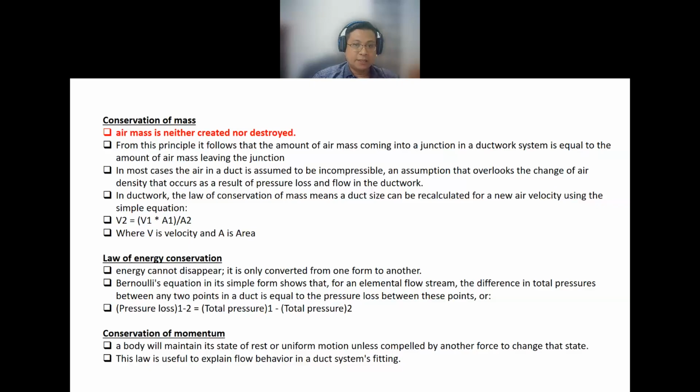Okay, back to the formula: V dot equals VA, where A is the area. So if the area is a circle, the area is pi D squared over 4. So when we talk about the amount of volume rate, this one is the volume rate.